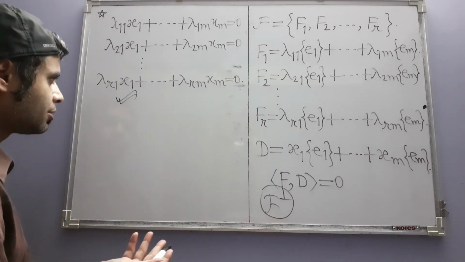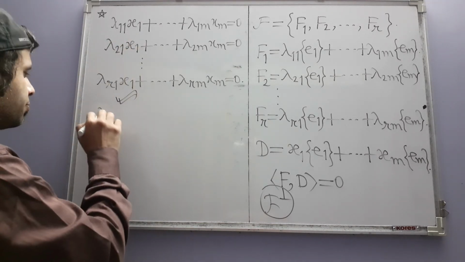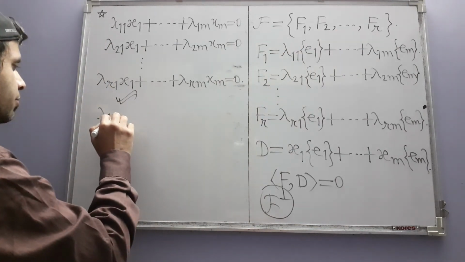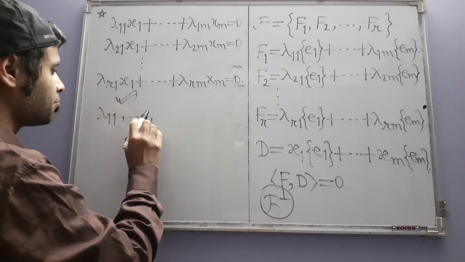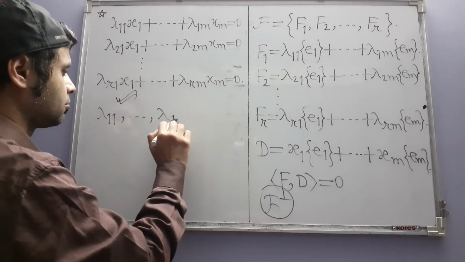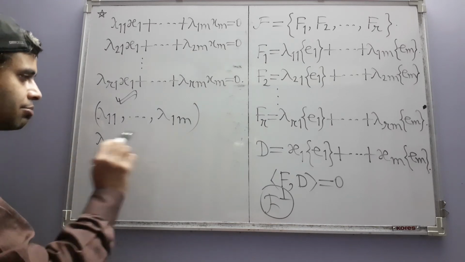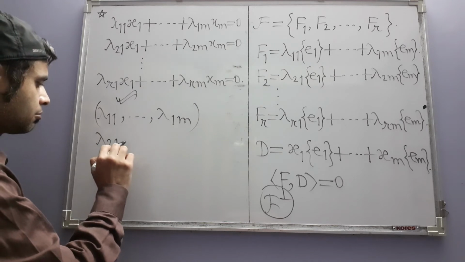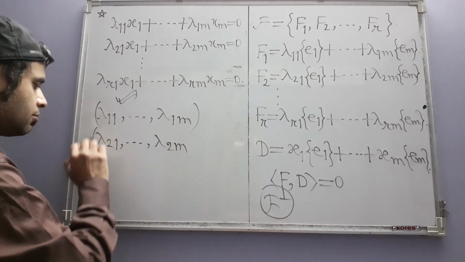Technically speaking, you can also think of the rank like this. You treat these coefficients that you see here as giving you m tuples, which themselves are vectors in which space? That is pretty evident.